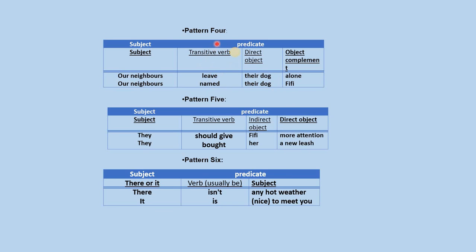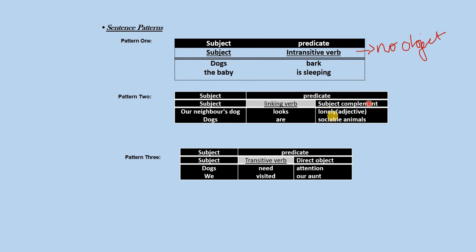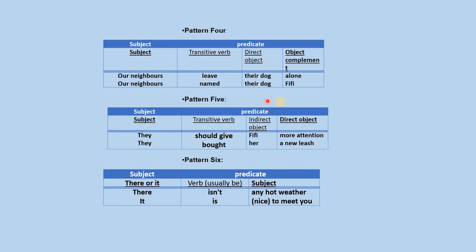So here, this is a transitive verb that needs a direct object and object complements. This is a complement for the objects, and as you have seen here, this is a complement to the subject, so it is a subject complement. And this is normally a complement for the object, not for the subjects.